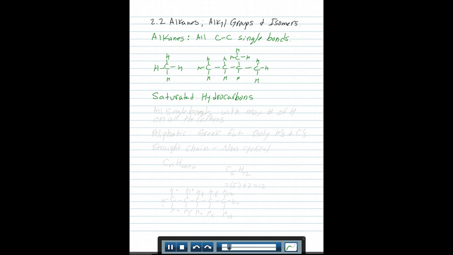Saturated means pretty much all single bonds with the maximum number of hydrogens on all the carbons. Saturated implies it's saturated with the maximum amount of hydrogens. So, again, same thing, everything is a single bond.